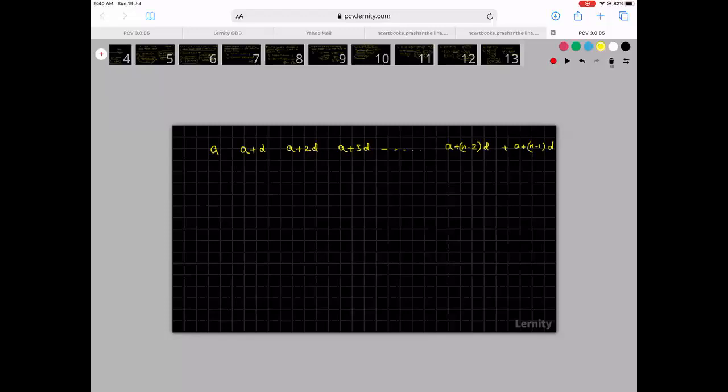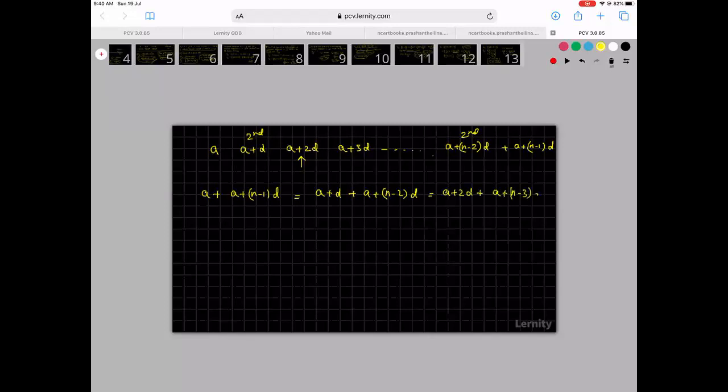Now I am telling you that first term plus last term, A plus n minus 1D, is equal to second term plus second last term, A plus n minus 2D. This is equal to the third term plus third last, that is A plus 2D plus A plus n minus 3D.